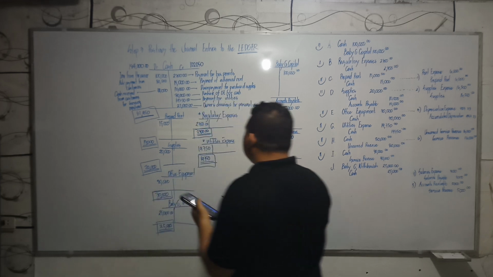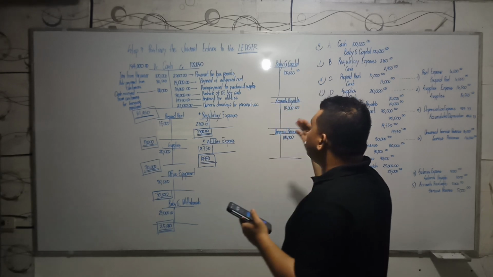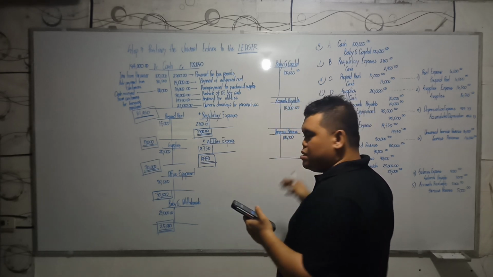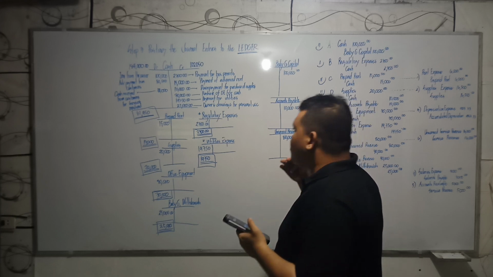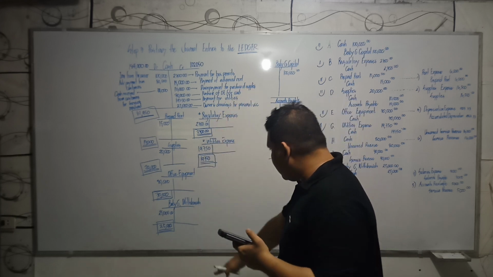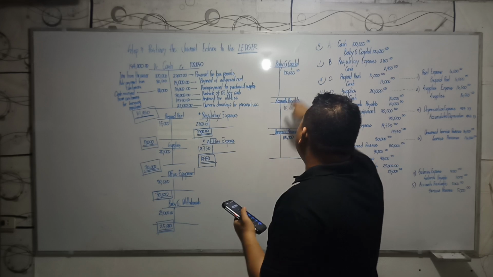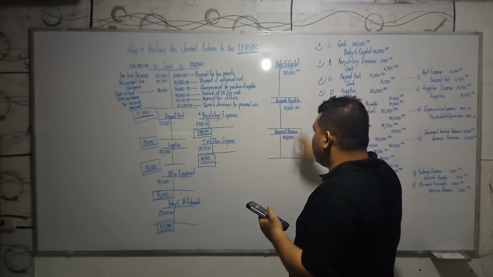And as you can see, if you notice, I have separated the debits and the credits. It is because I wanted to make sure that before going to the step 4, the debits balances, everything in the debits, will equal the balances of the credits.